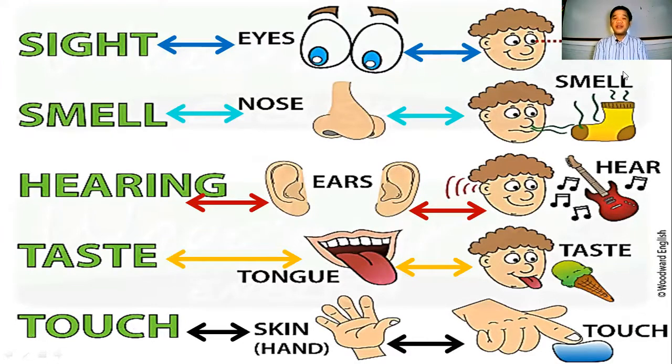So these are the five senses that we have: the eyes, nose, ears, tongue, and skin.